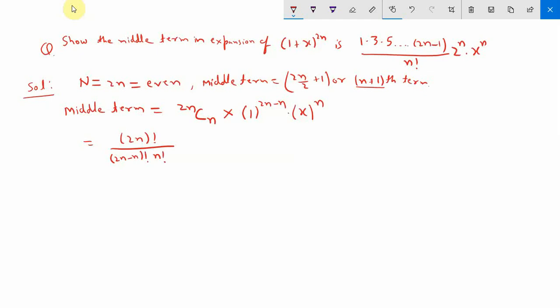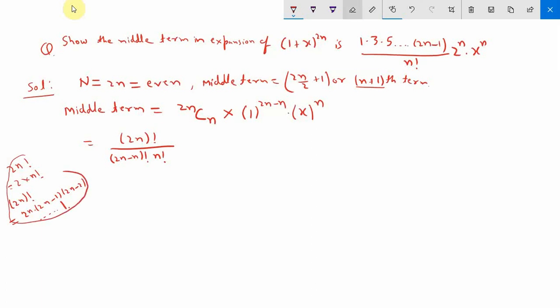See, don't write this 2n factorial as 2 into n factorial, whereas 2n factorial is equal to 2n into (2n minus 1) into (2n minus 2), and like this it will come to 1. So there is a difference. Please take care of these things.